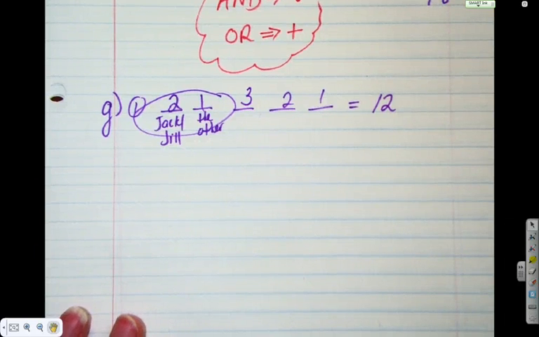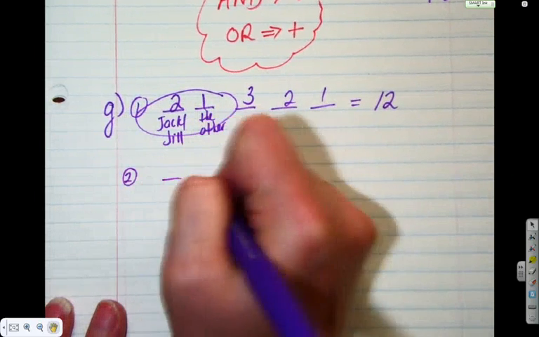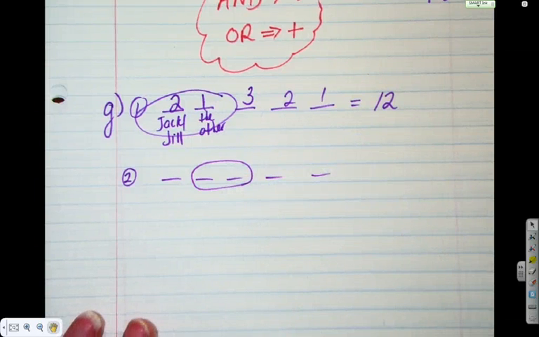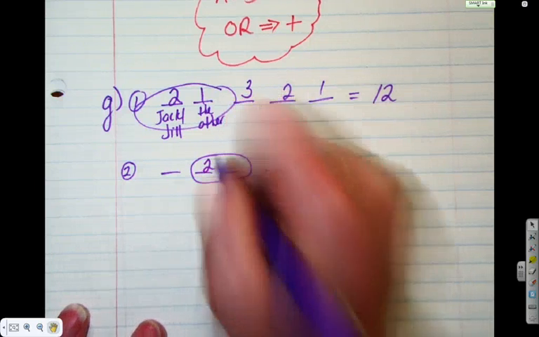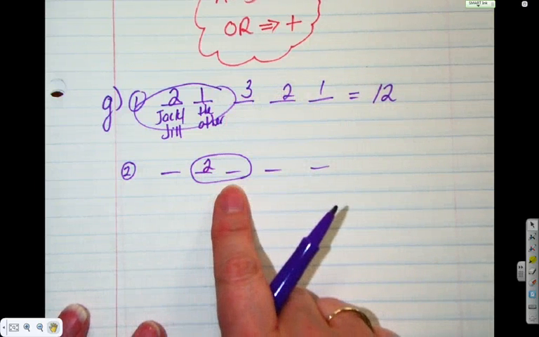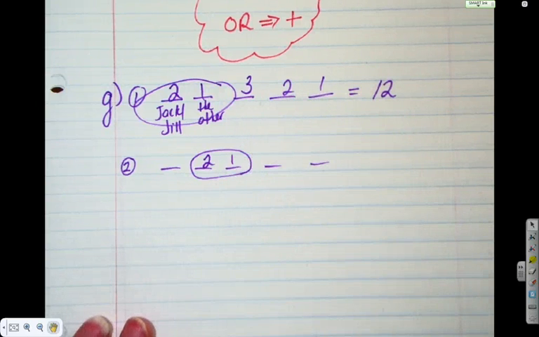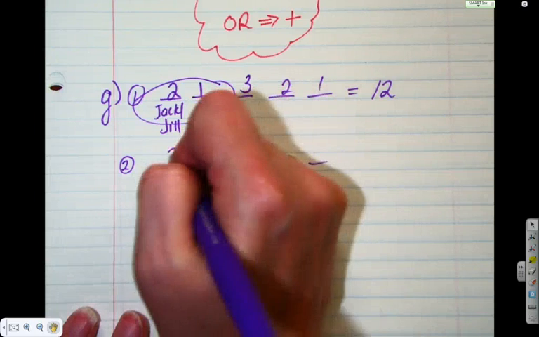Well, what if they're not in the first and second seat? What's the second case? Second and third seats. Does it matter who's in the second? Okay, so 2 choices. What about the third? Has to be 1, so whoever's not in the second seat. What about the very first seat? So don't care about any of the other people.